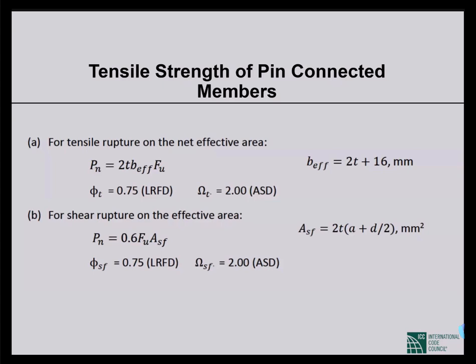If we have only pure shear, then the stress that we can compare with yield stress, the von Mises stress, will be 0.6 of Fu. So from there, we get this 0.6.